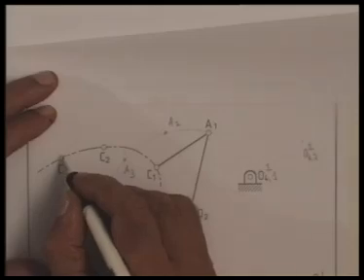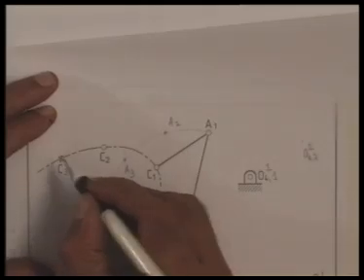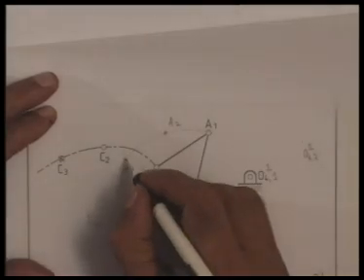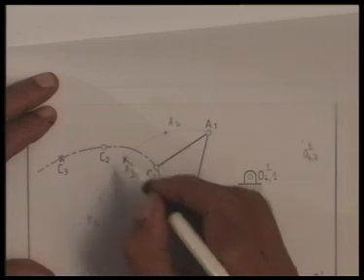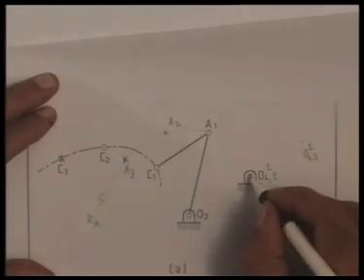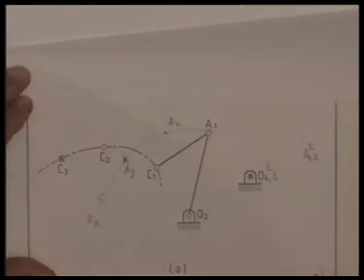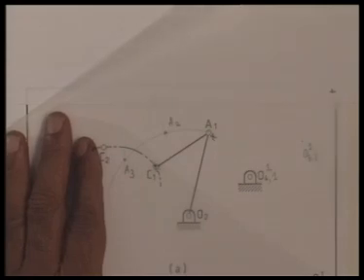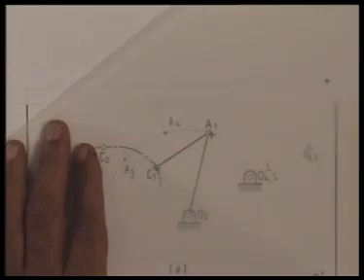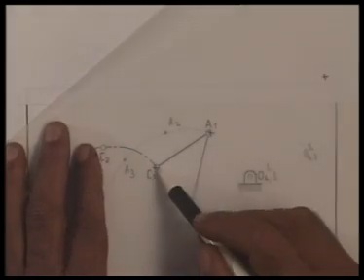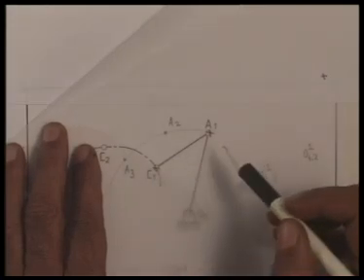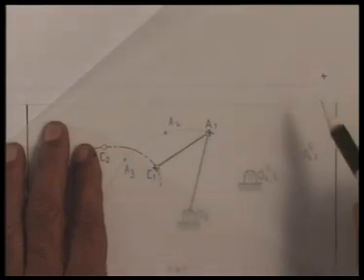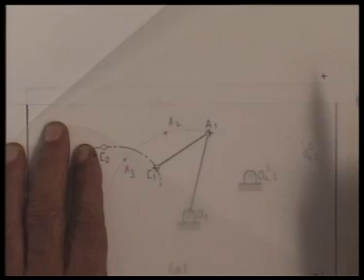So this is C3, I put it as a cross, and this is A3, and this is the location of O4. So if I invert it on the first position of the coupler, that means I make C3 coincide with C1, A3 coincides with A1. The C3 I am making coincide with C1 and A3 with A1, and as we see, O4 has moved there.